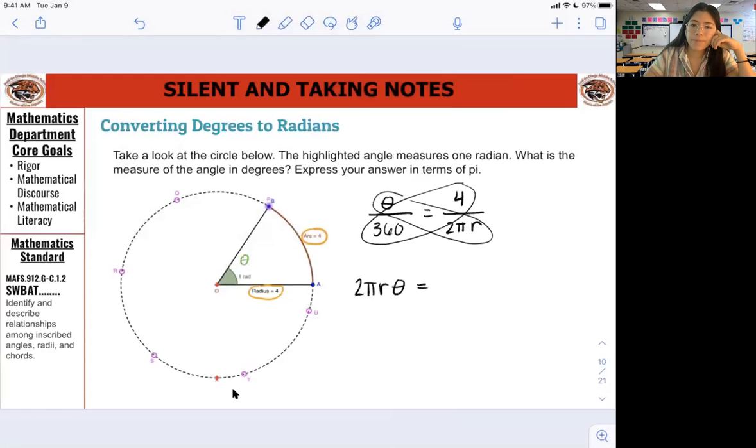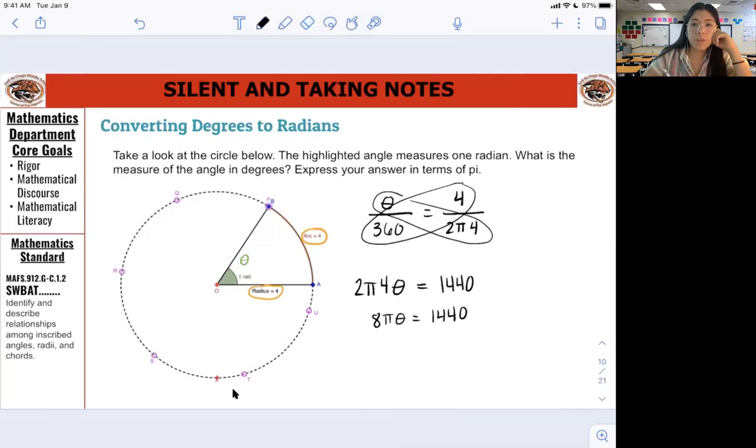What would that be? 1,440. Oh, I forgot that we know the radius. We know that the radius is 4. So let me fill that in really quickly. So I can actually multiply that. So that's 8 pi theta equals 1440.